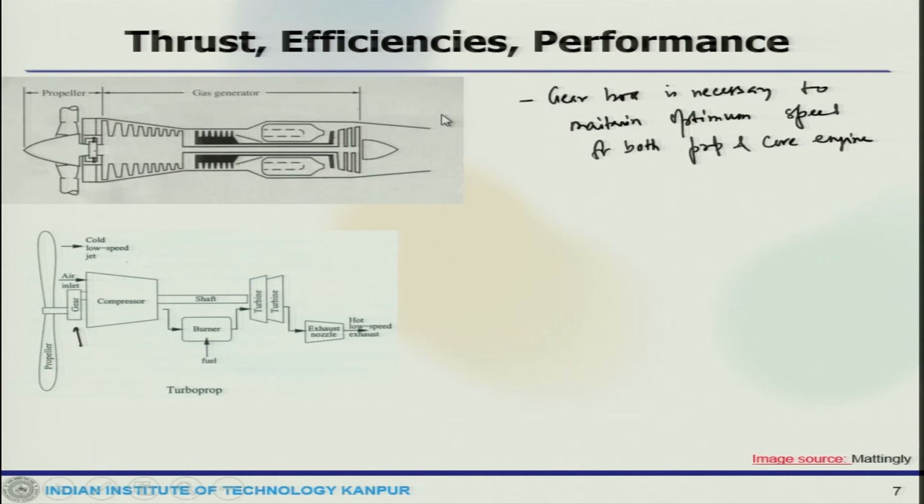Obviously, there are certain advantages and disadvantages. One big advantage of this configuration is that it can handle a huge mass of air at low speed.